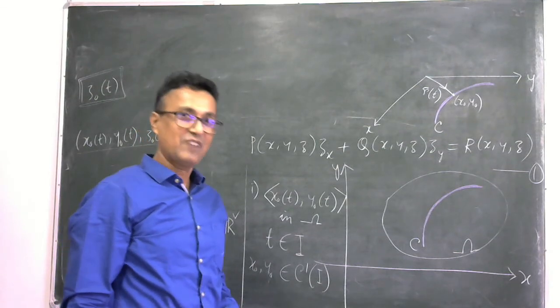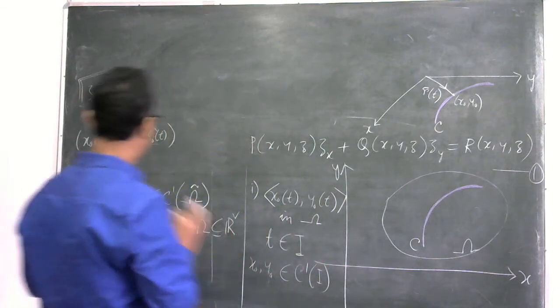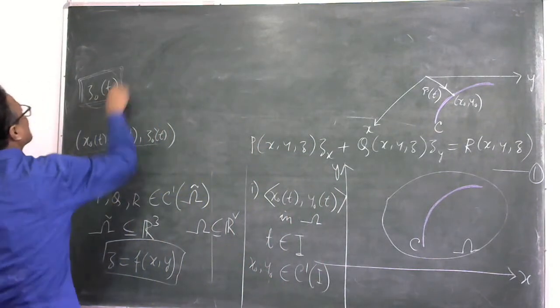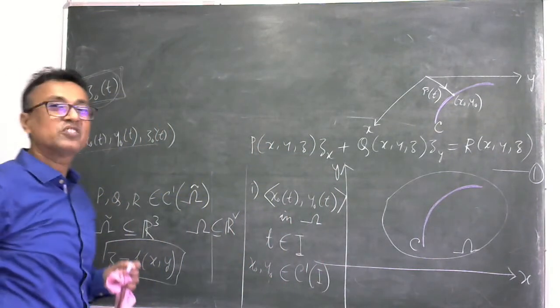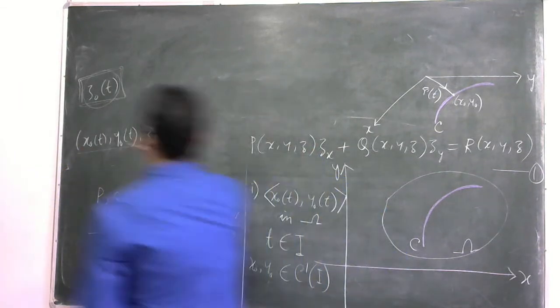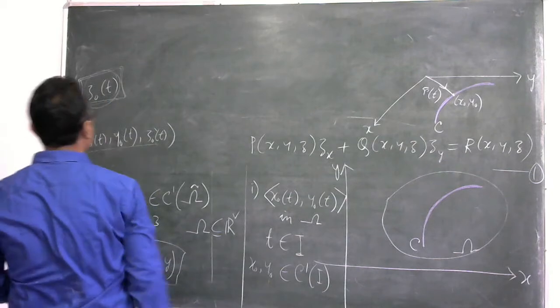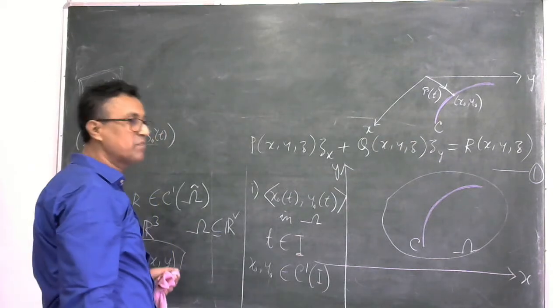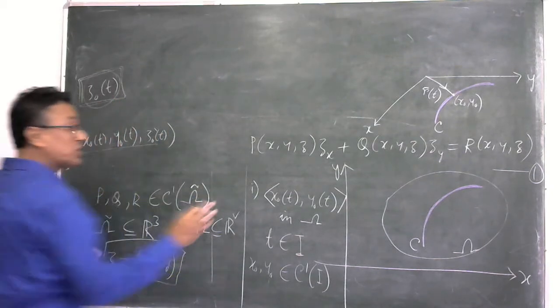So now what we have done, we have defined another function z naught t. This z naught t is going to give me a new coordinate in space.